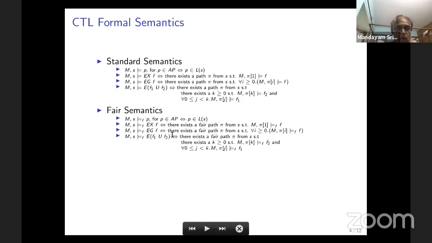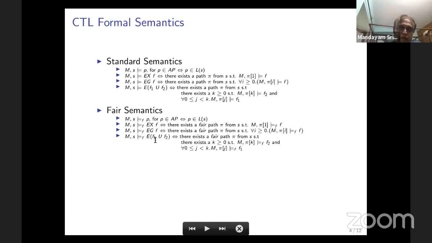And G of f is true if there exists a fair path pi from S such that, on each of those states, for all i, this has to hold fairly. And F1 until F2 is recursively defined.